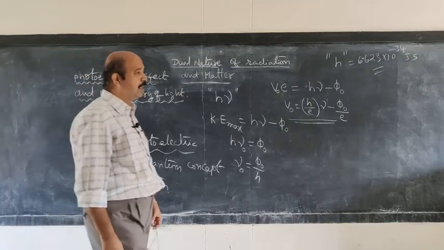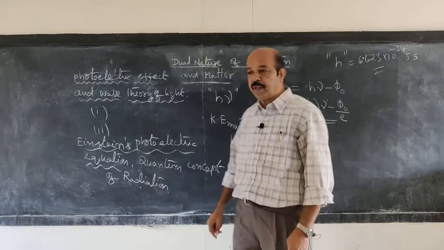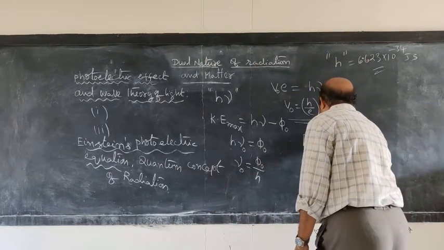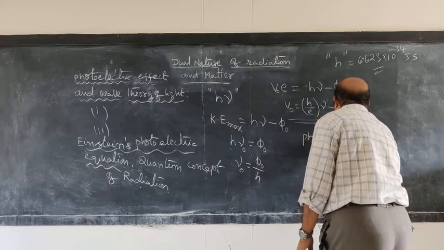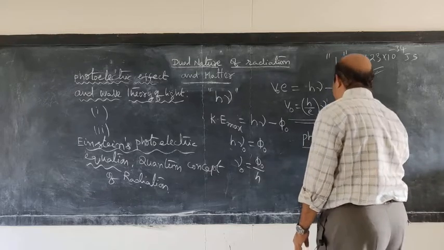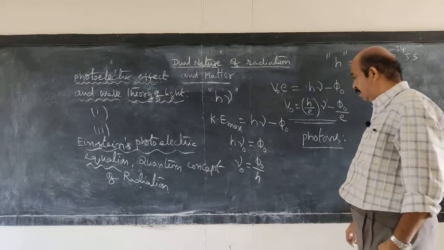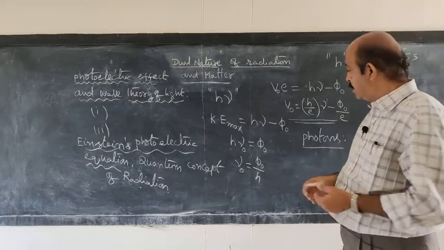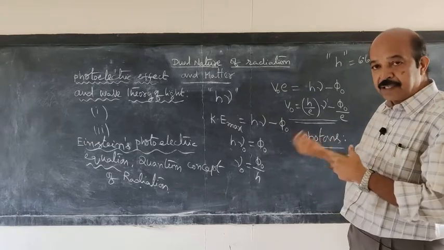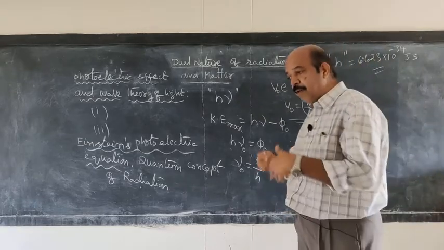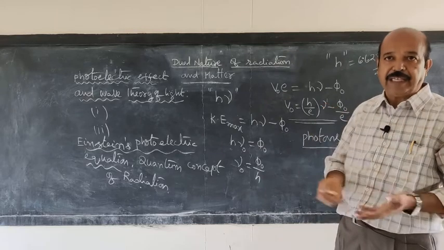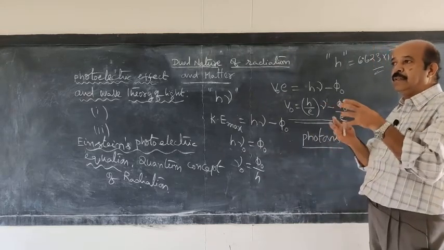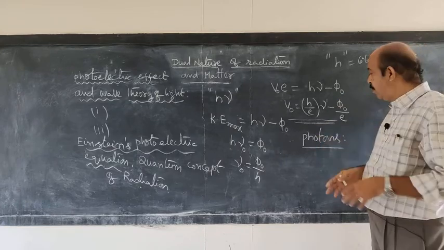Okay. Then we will discuss the concept of photons and properties of photons. That is the nature of light considered as a particle, that is particle behavior of light or radiation, and those particle-like things we call photons.